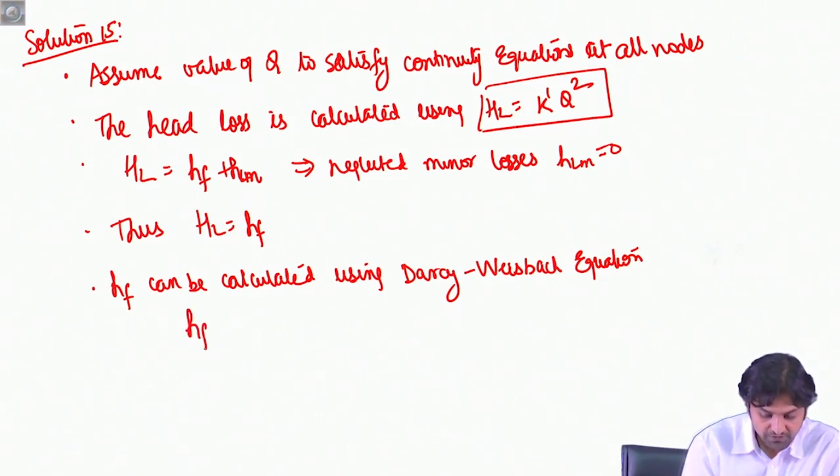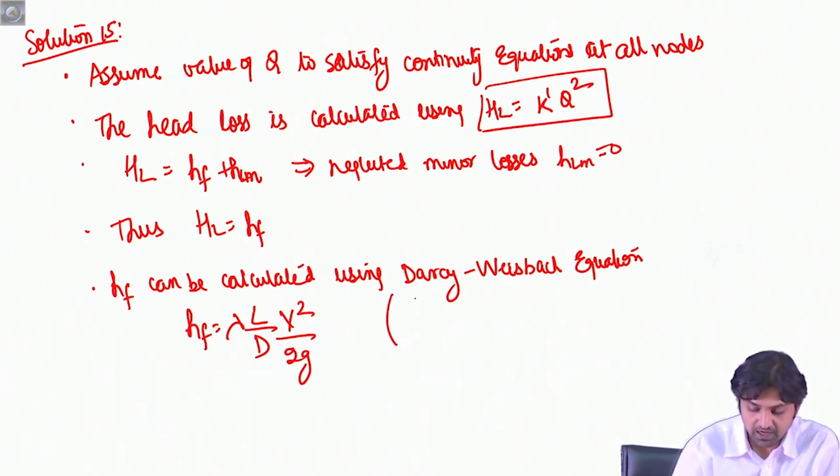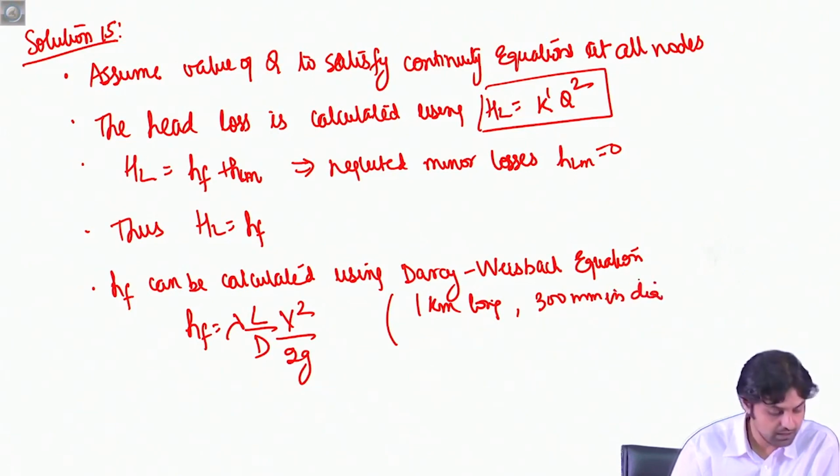So, HF can be written as lambda L by D into V square by 2G. In the question, we have been given that pipes are 1 kilometer long, 300 millimeter in diameter, and lambda or friction factor is 0.0163.